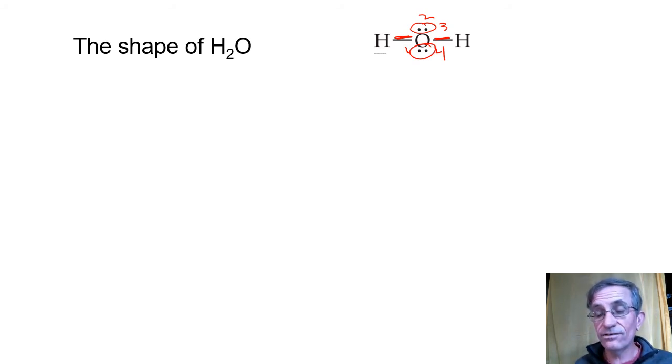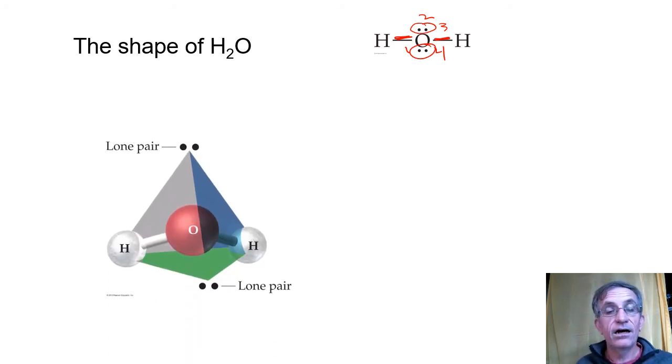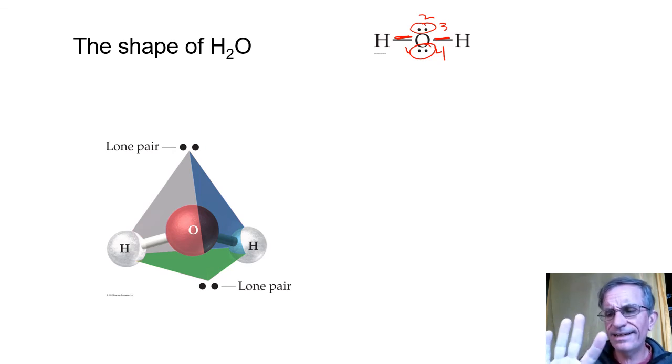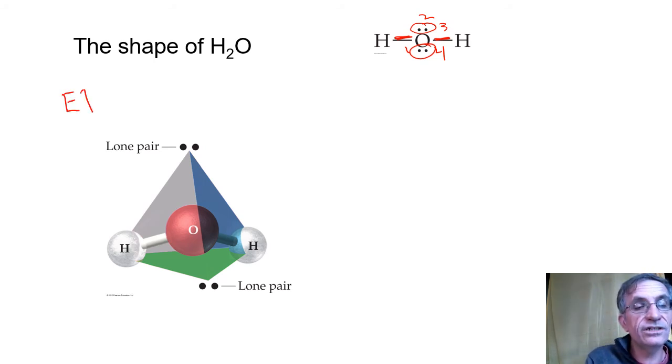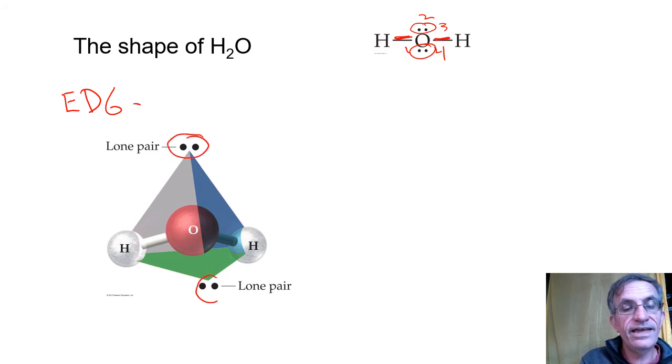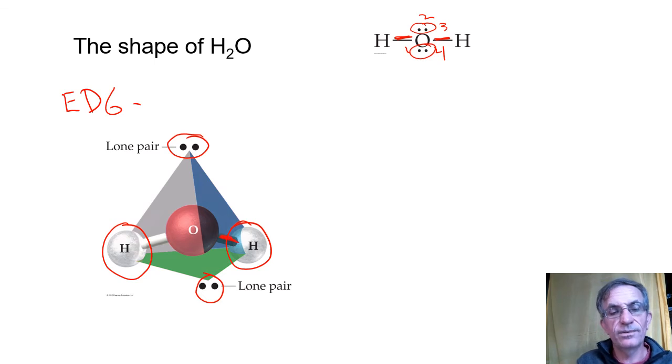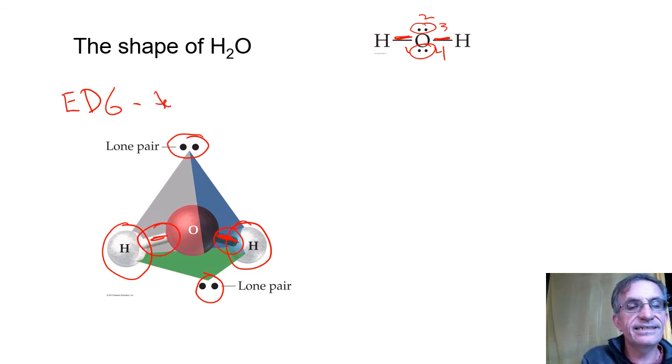So altogether, those 4 areas are going to be at the corners of a pyramid again. Whenever there's 4 areas, it forms a pyramid shape. So the electron domain geometry, the shape the electrons are making, they are at the corners of a pyramid. I should be circling this, shouldn't I? Those are the electrons. Okay, so it's still called tetrahedral.